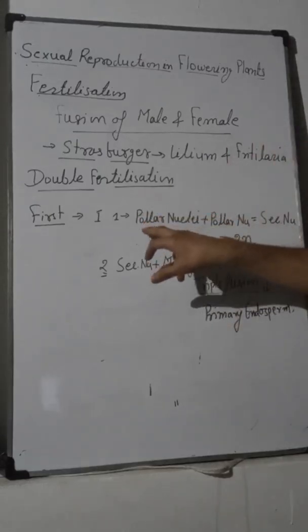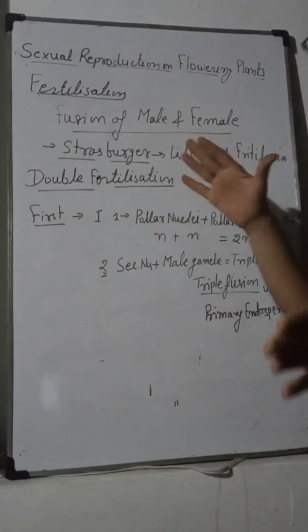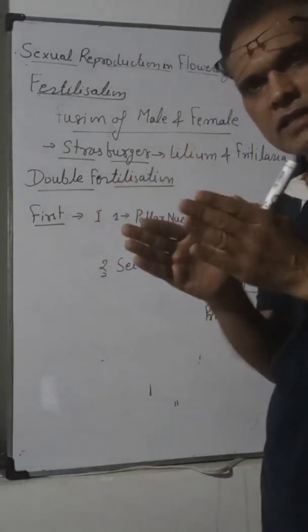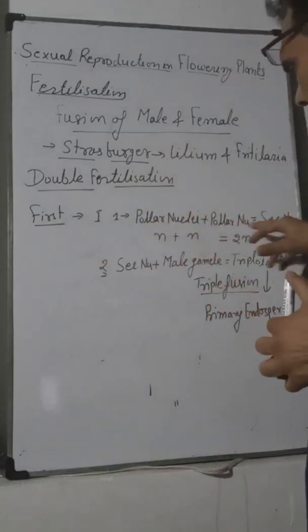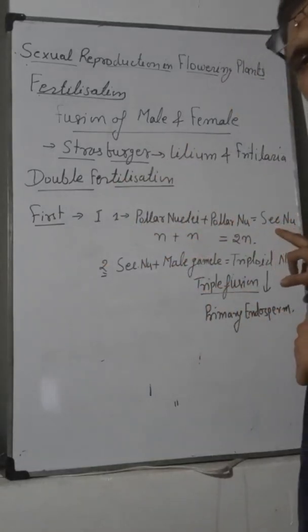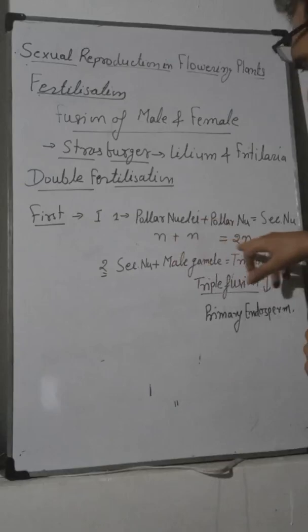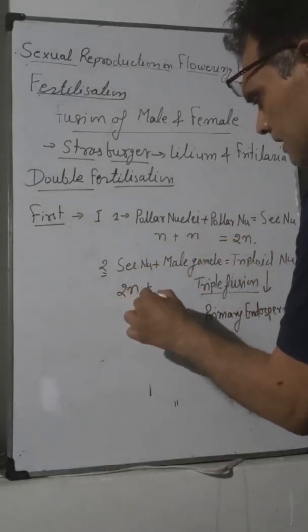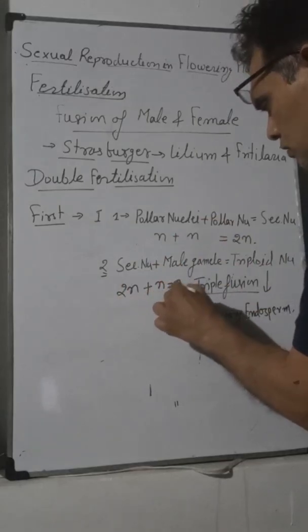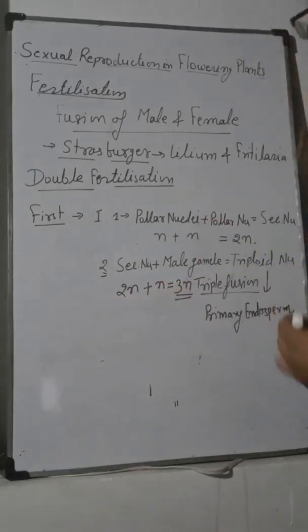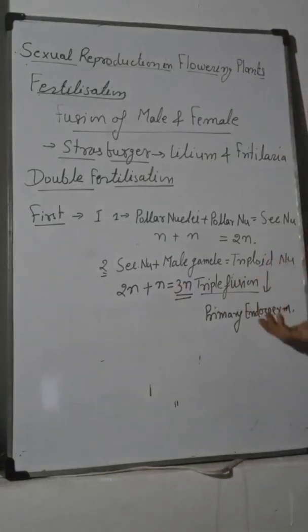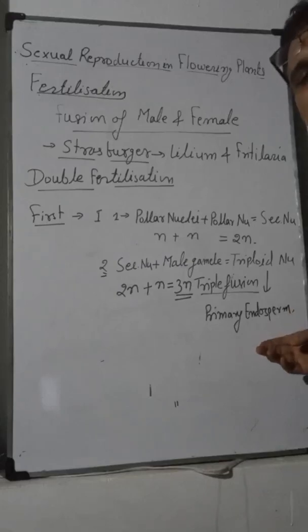The polar nuclei move from the polar position to the center and fuse together to form the secondary nucleus, N plus N, that is 2N. The secondary nucleus, 2N, plus a male gamete combine again to form the 3N stage. This process is known as triple fusion, which forms the triploid nucleus, also known as primary endosperm.